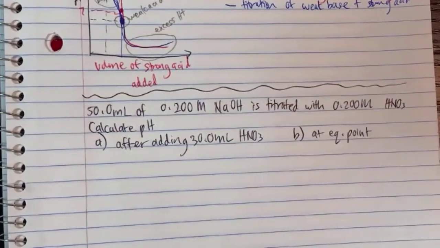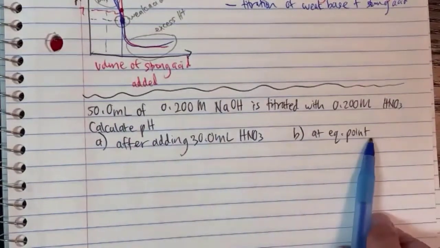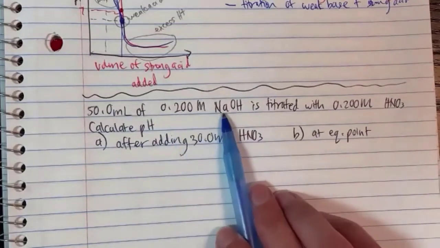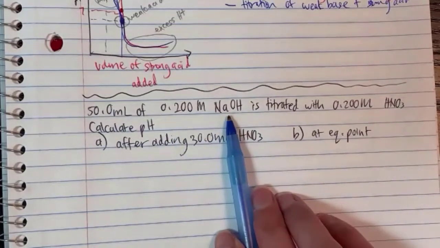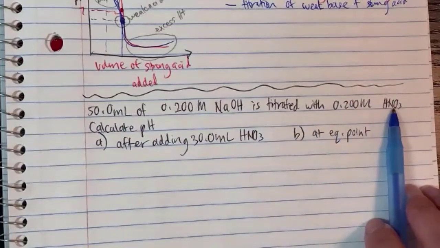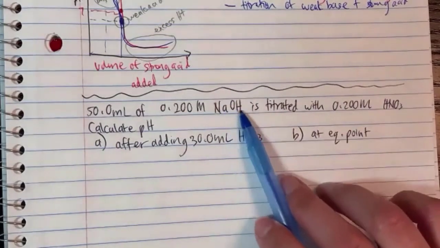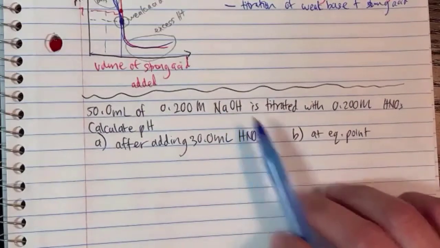So right here, let's use some blue pen. At the equivalence point, the molarity of the base, sodium hydroxide, is 0.2. Molarity of the acid is 0.2 also. You have to be careful. Let's write the equation out to make sure you don't have a polyprotic acid, or sometimes your hydroxide has a double OH as well.